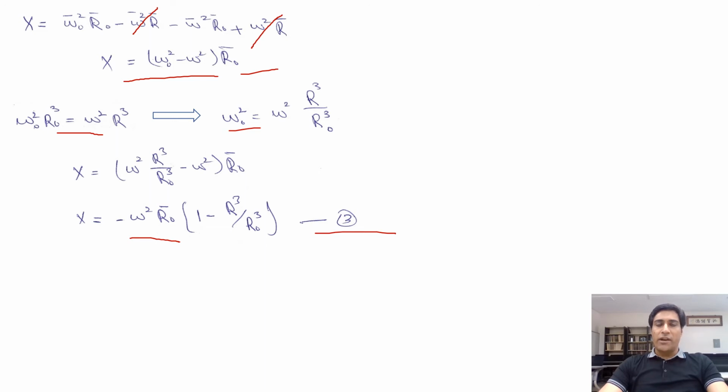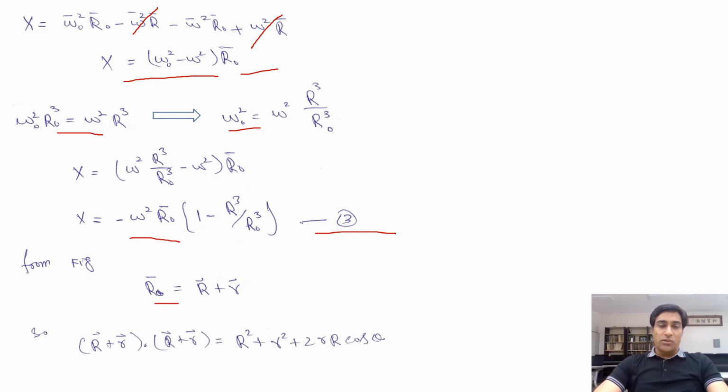Now we can add Coriolis acceleration in this x. From the figure we know that r naught equals capital R plus small r. To take r naught square, r naught square means r naught dot r naught, and each term equals r naught.